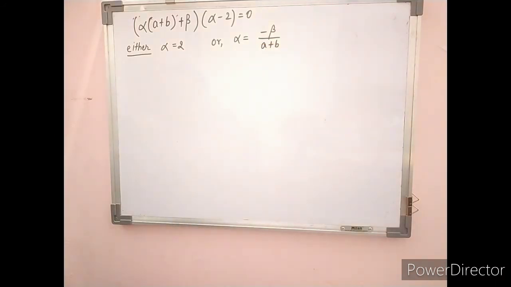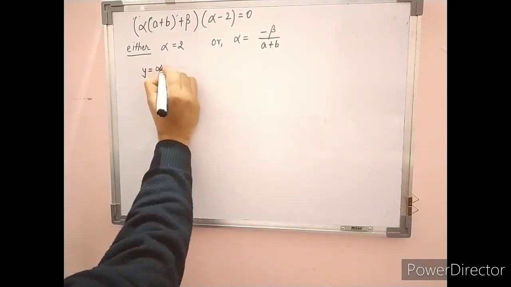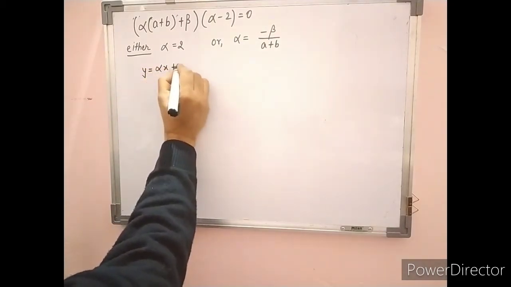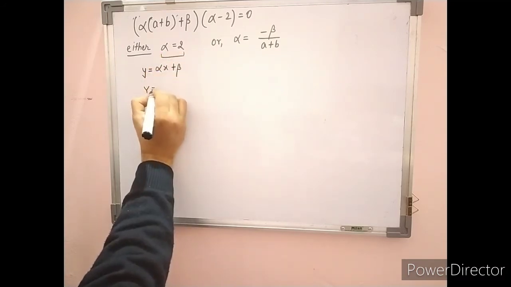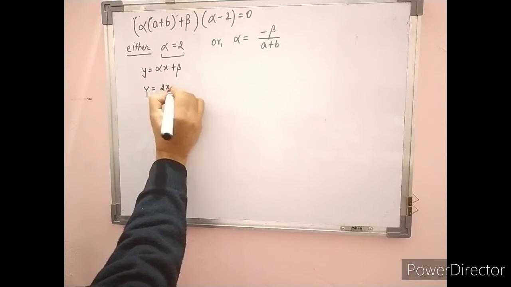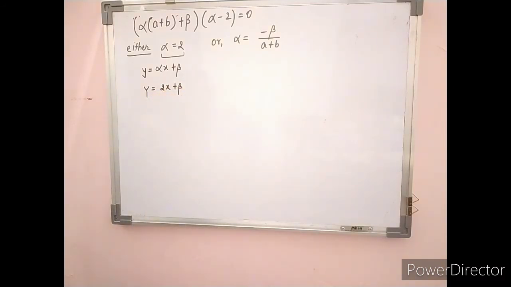Now what we had supposed the equation to be was y is equal to alpha x plus beta. Okay. So the first value gives us that y could be like this: 2x plus beta. Beta is a constant, any constant.